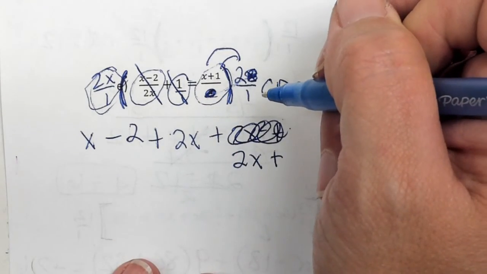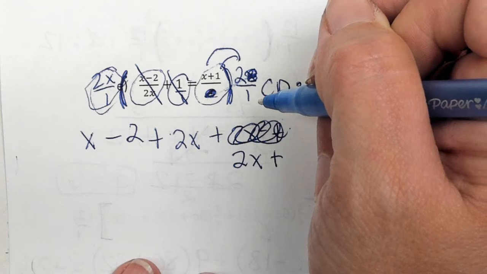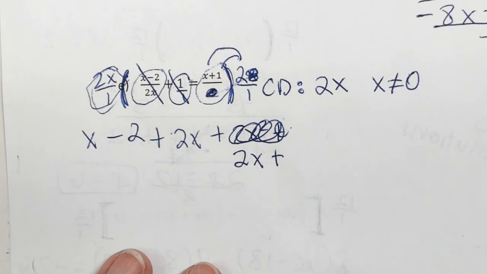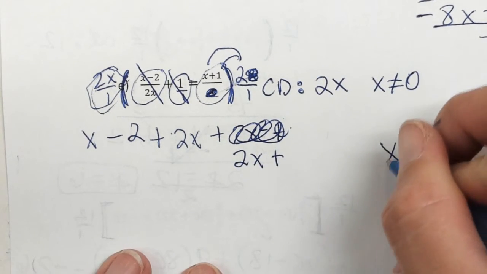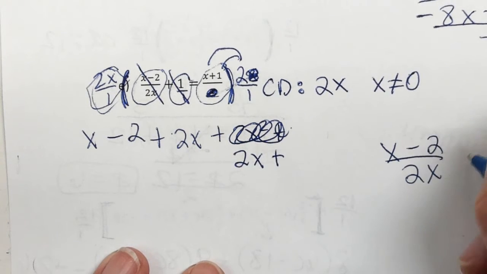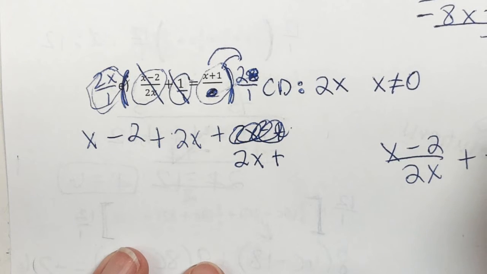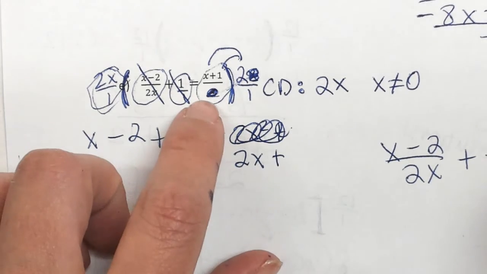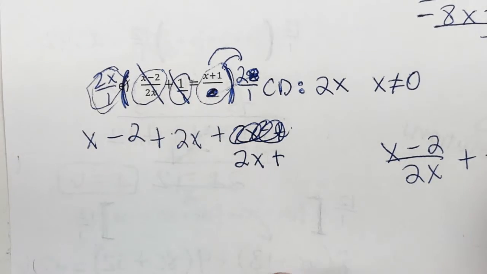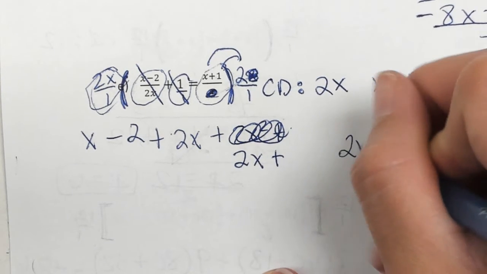Does that make sense? Let's go back over it. You don't have to rewrite this down. I'm going to rewrite it over here. X minus 2, 2x plus 1 equals x plus 1 over, what was right here? The 2x. Okay. Now, I'm going to multiply this all by 2x over 1.